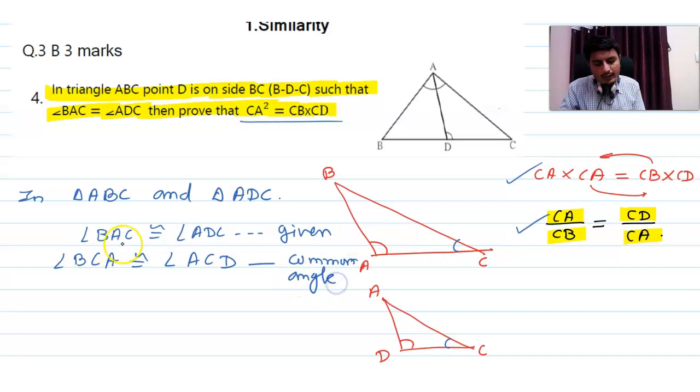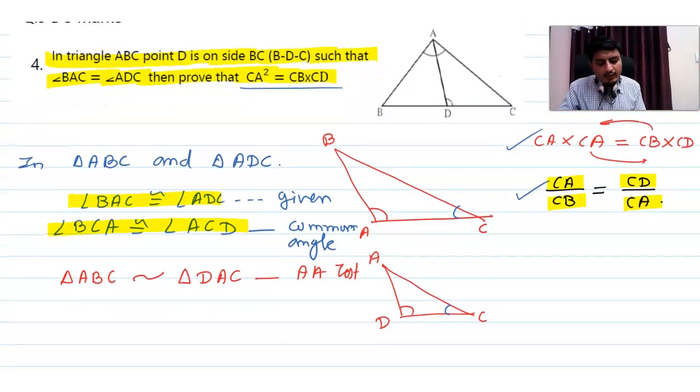Now once two angles of one triangle are congruent to the corresponding two angles of the other triangle, we can say that the given two triangles ABC and ADC are similar. Vertex A corresponds to D, vertex B corresponds to A, and vertex C corresponds to C, so writing the one-to-one correspondence, triangle ABC is similar to triangle DAC by the angle test of similarity.